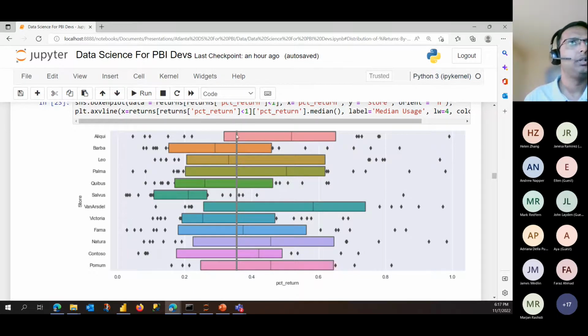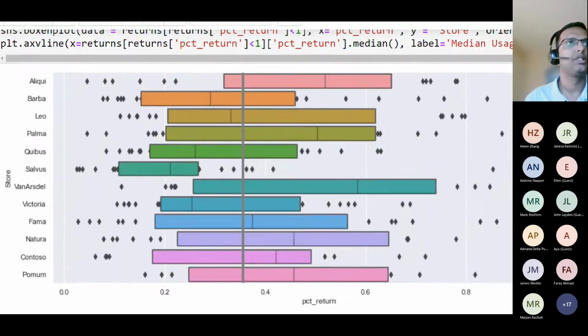If I draw the median line, so this is the 35% median line. If we look on the left-hand side of the median line, I see this is a box plot. On each of the box plots, this line here indicates where the median is for that store.